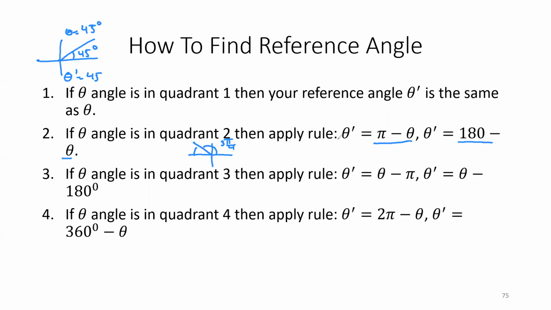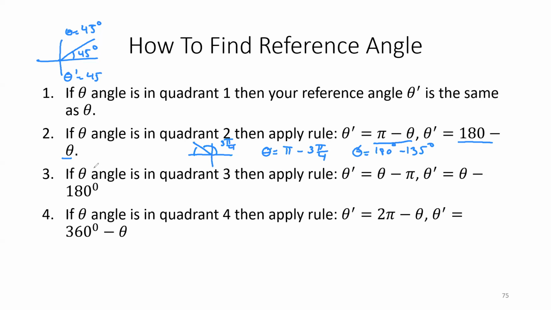So if you're in radians, it's going to be pi minus 3 pi over 4, right? 3 pi over 4 is also 135 in degrees. So if you are in degrees, it would be 180 minus 135. Okay. So yeah, that's pretty much it.